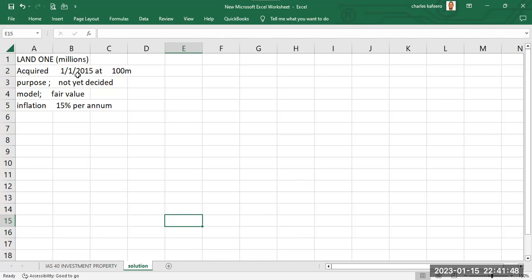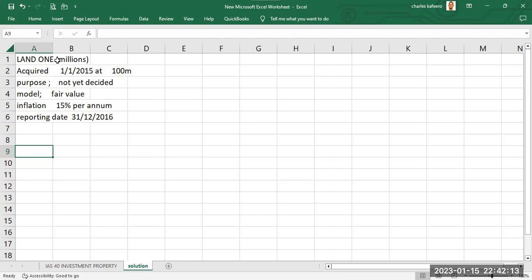It means we are reporting, the reporting date, we are reporting for 31st December 2016. It means if we have these figures, since it is land, we are not going to depreciate it.